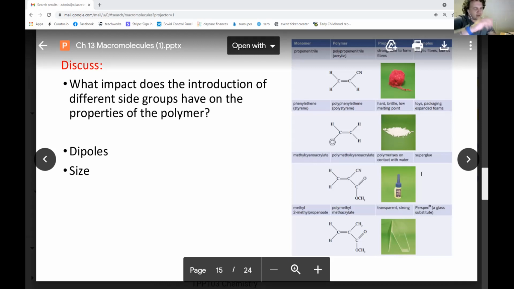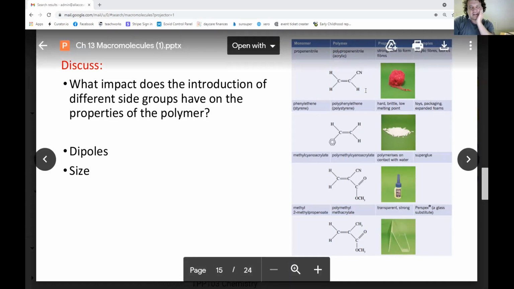Once you open it, you stick it onto your hand, whatever, it's going to react with the water and produce a polymer. The water is the catalyst for all of the methyl cyanoacrylate to polymerize, and if you stuck it to your hand, it will make a plastic with your skin and be very, very painful and difficult to pull apart. So we add a methyl group and an ester, and we get Perspex.